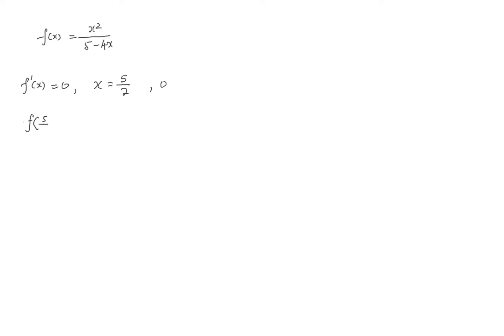5 over 2. So I get 5 over 2 squared divided by 5 minus 4 times 5 over 2. So this is 25 over 4 divided by -5, so it will be -5 over 4.